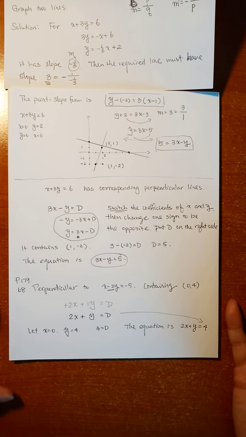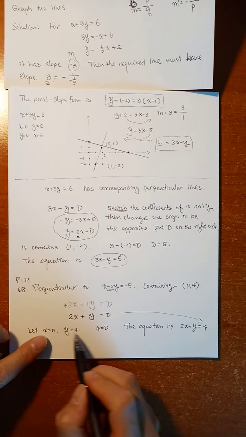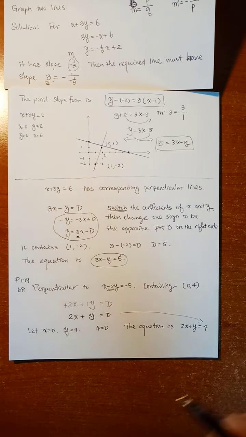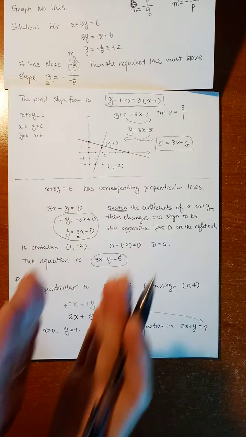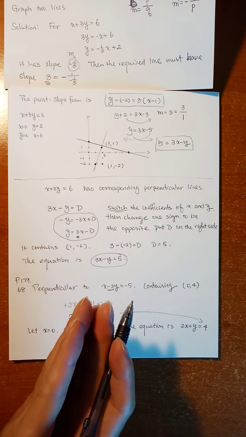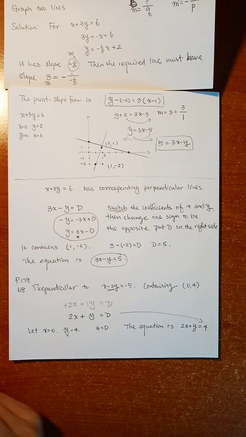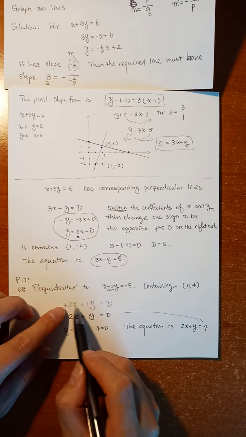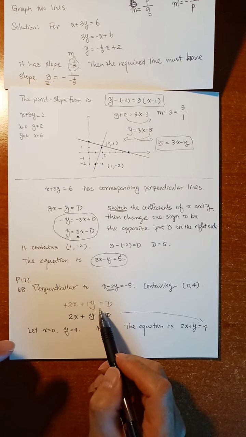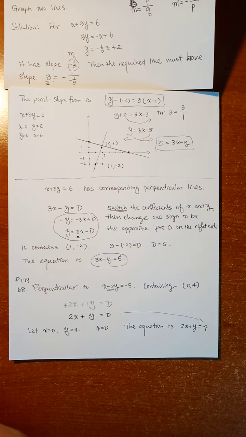We don't know the value of D when we write down the equation, so we have to use this condition to determine it. The D does not depend on the point; once you pass through the point, you will uniquely determine this D. So be careful here. Of course, you can change this minus to plus, or this plus to minus. Either way, you will always get the same equation.